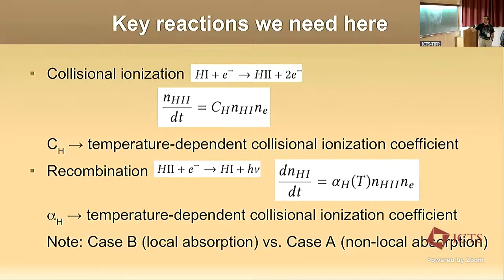Or you can have case B, which is simpler because you assume that the photon gets emitted, but then almost immediately gets absorbed in the same place, which makes things somewhat easier to calculate because they are very local. Everything happens in one point. So usually in codes we use case B, but in practice sometimes case A is the relevant one. So you need to be careful with this sort of thing, and there are papers on this stuff.